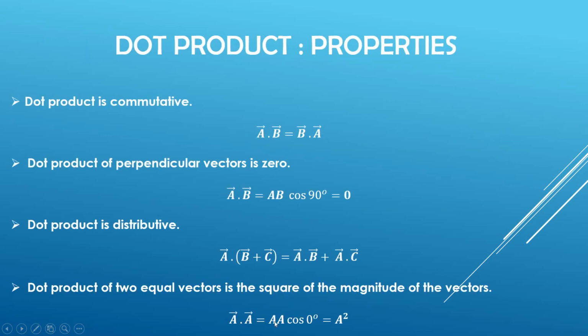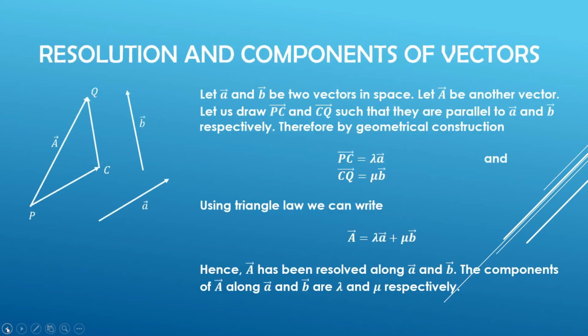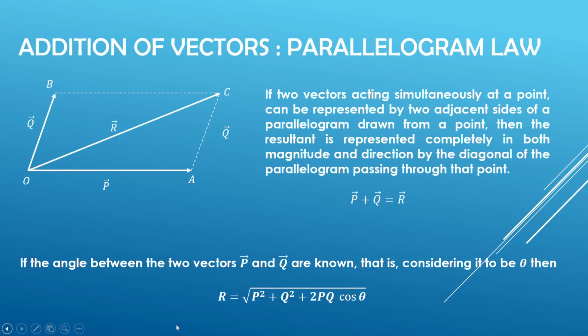Then A vector dot A vector equals A A cos theta, A cos 0 equals A square. Remember I have said this P square, Q square, they are the dot product of P and Q respectively. And this PQ cos theta is the dot product of P and Q.